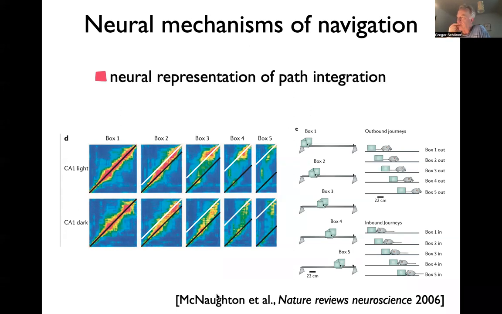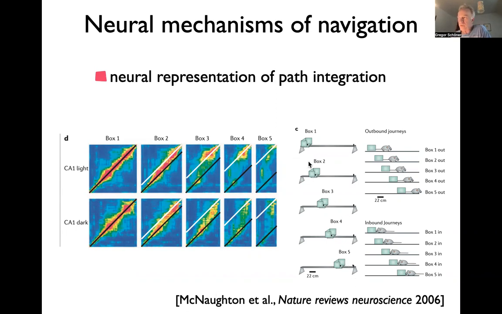So one thing is that there are some signatures of path integration, not directly, so you can't directly observe the actual mechanism. What kind of sensory and motor signals does it use to do the integration? But there's evidence for neural vectors representing that.